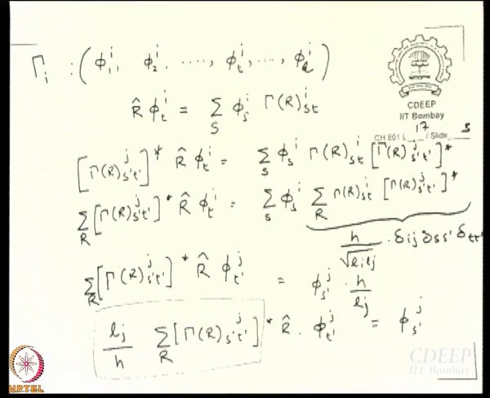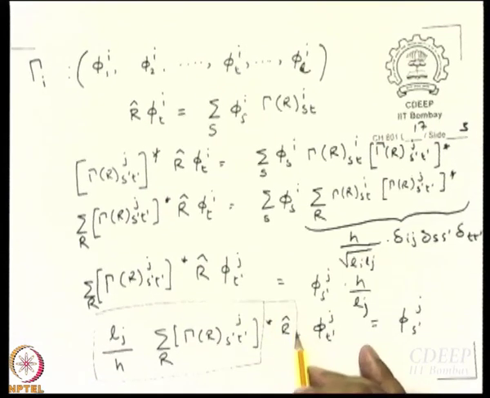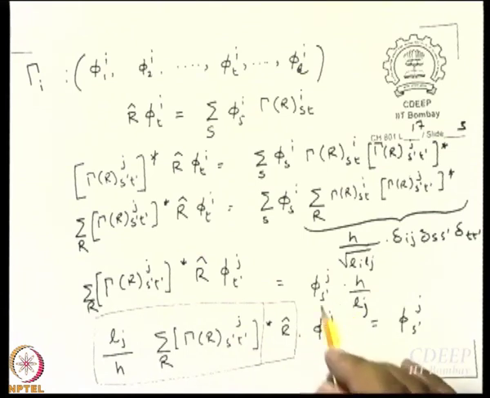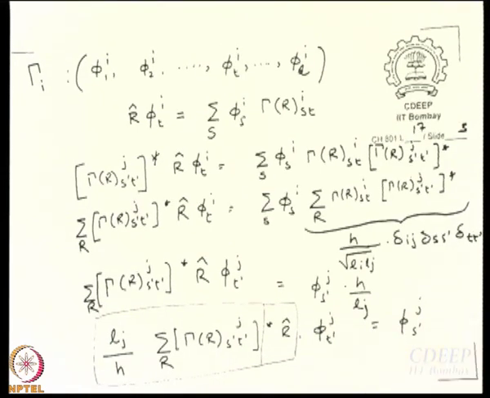I have taken this operator, made it operate on a wave function, and this is why we have to substitute I equal to j, a wave function which is a basis for the jth representation, and I have generated another wave function which is also the basis of the same representation. I want to work within the same representation, that is why.